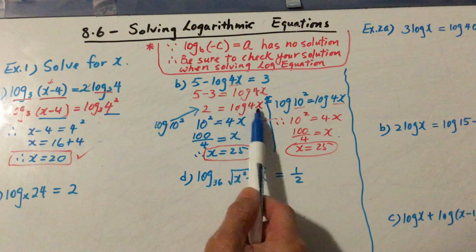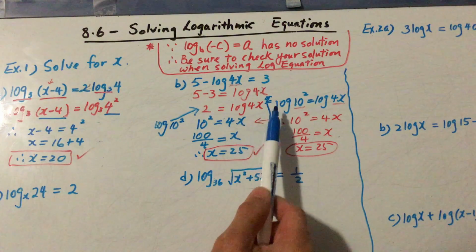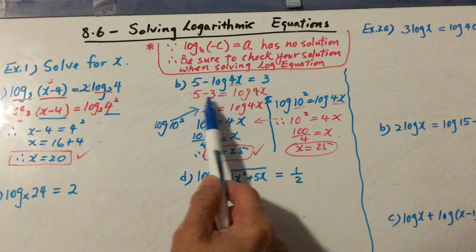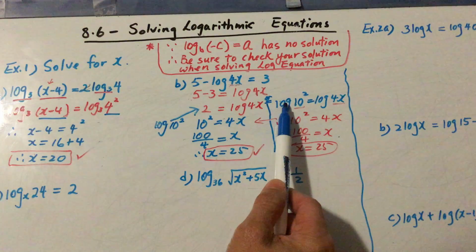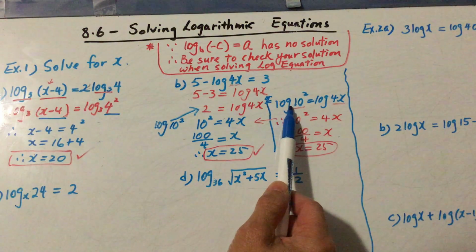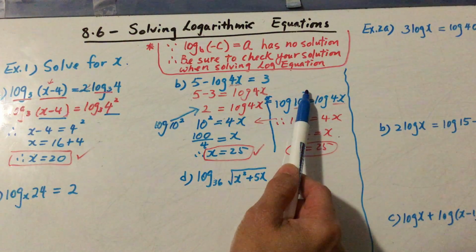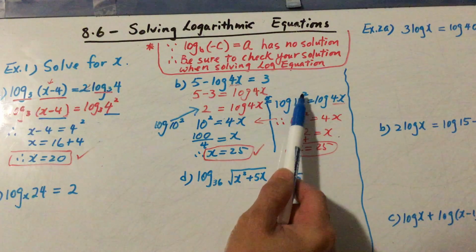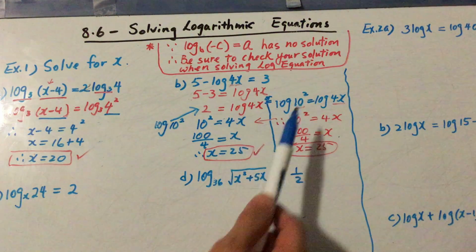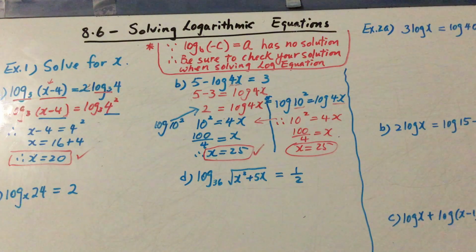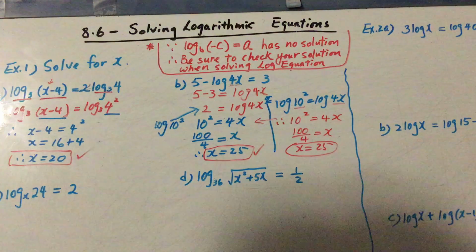But instead of turning this into an exponential form, I'm going to turn the constant 2 into a log with the same base 10, 10 to the power of 2, because log base a of a to the x will equal x. So this is one of the other facts that we learned from before.